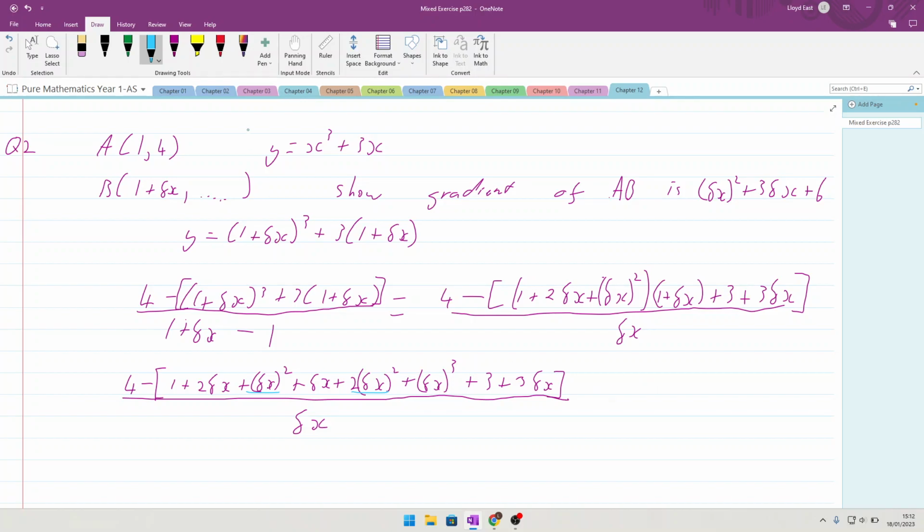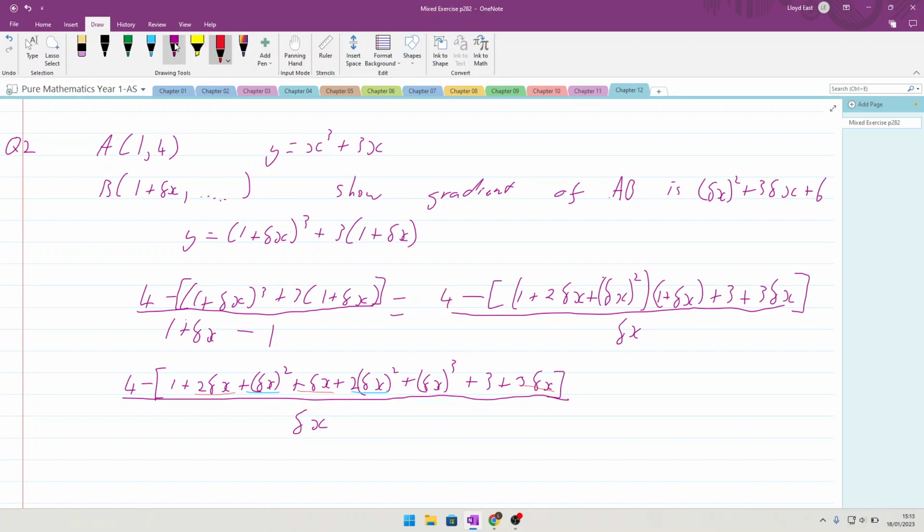Okay, we're then going to also have a 2 delta x here with a 2 with a delta x here and a 3 delta x here. Okay, so that gave us 1, 2, 3, 6 delta x on that one, and then we've also got the 1 and the 3, which gives us a 4.